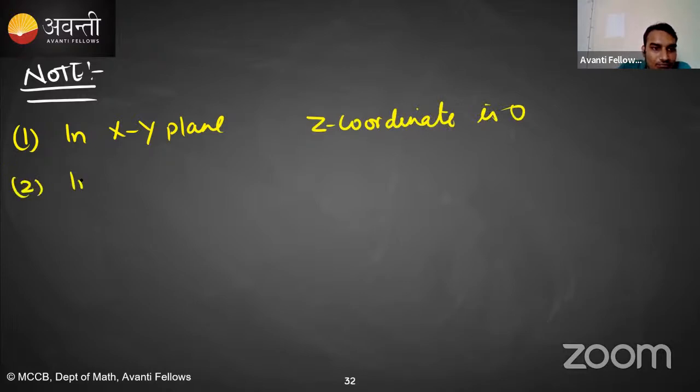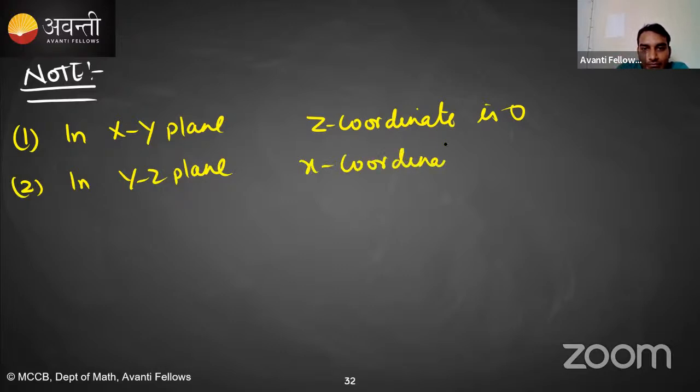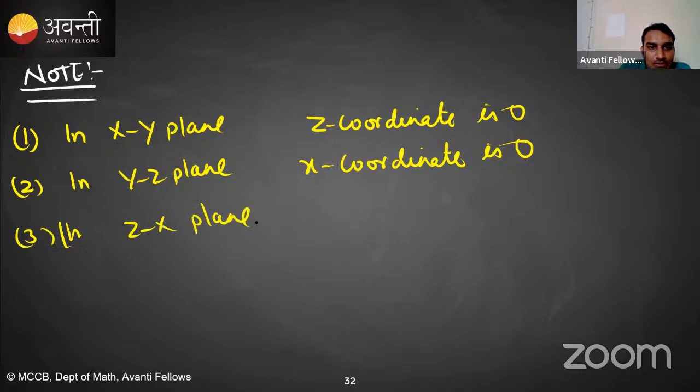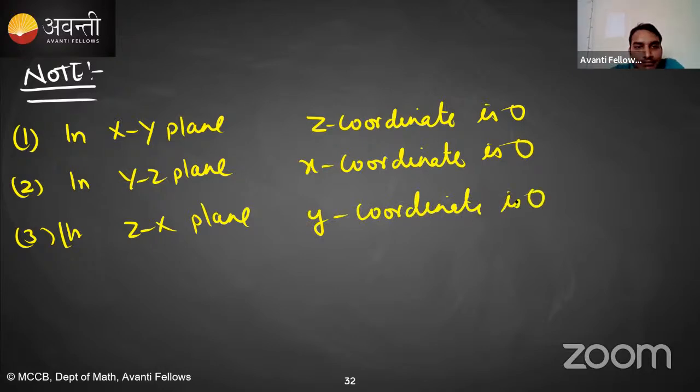Second, in the YZ plane, the X coordinate is 0. Third, in the ZX plane, the Y coordinate is 0. That's all. Clear everyone? Any doubt?